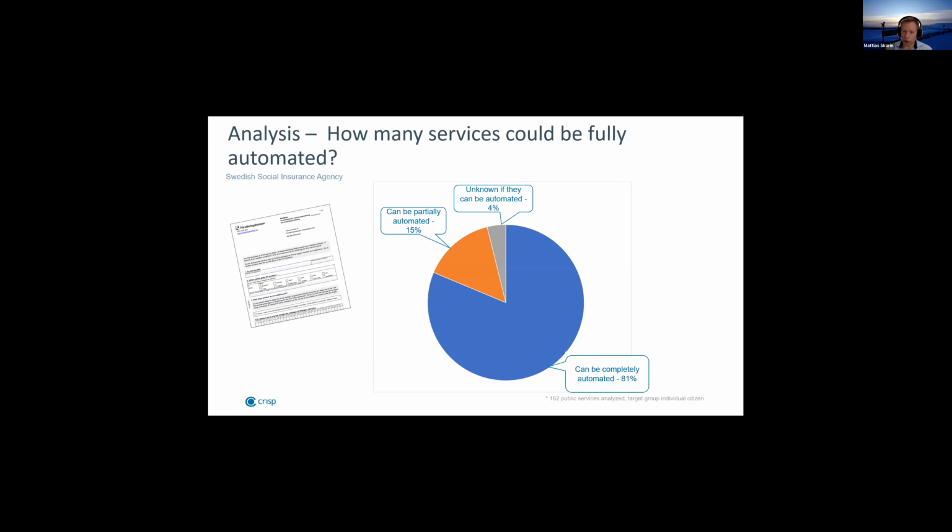Now, I've explored the services that they list towards private people, individual citizens, and it's very interesting because roughly 81% of all the services that are out there today can be completely automated. Roughly 50% partially, and 4%, I don't know.